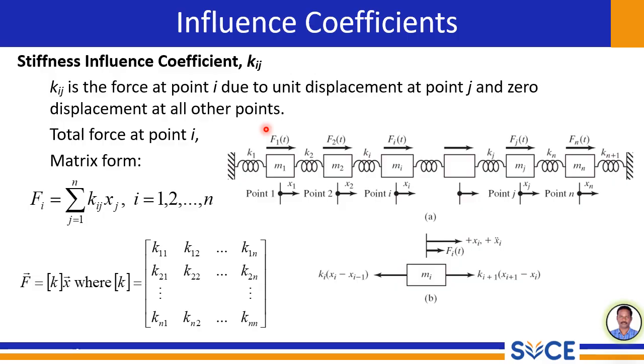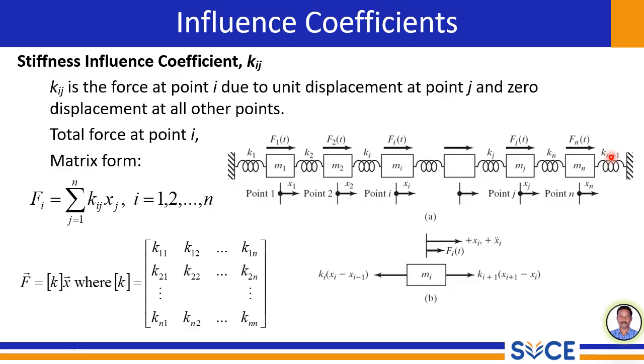In simpler terms, it tells us how much force we need to apply at one location to cause a specific amount of displacement at another location within the system, keeping everything else fixed.